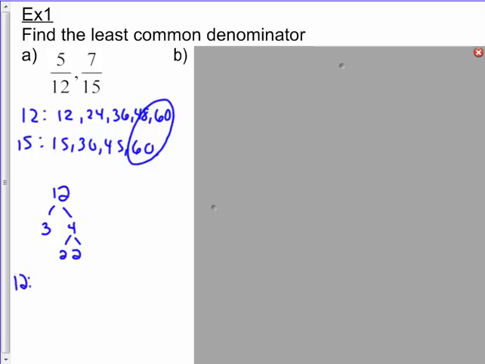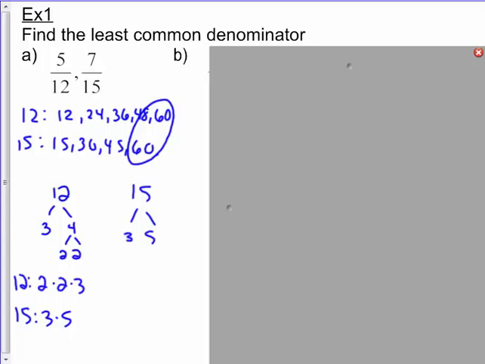So we could write 12 as 2 times 2 times 3. 15, I can do the same thing, 3 and 5. So 15 is 3 times 5. Now again, when I talk about the least common denominator, I'm looking for all of the terms that have to be in both of them.